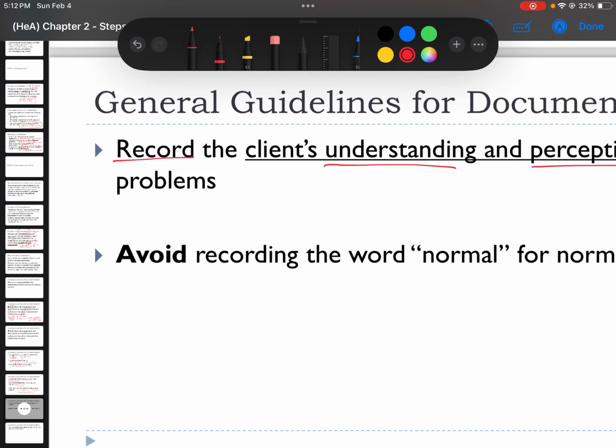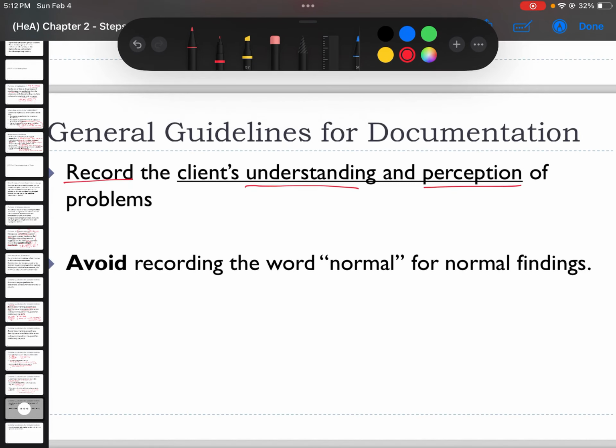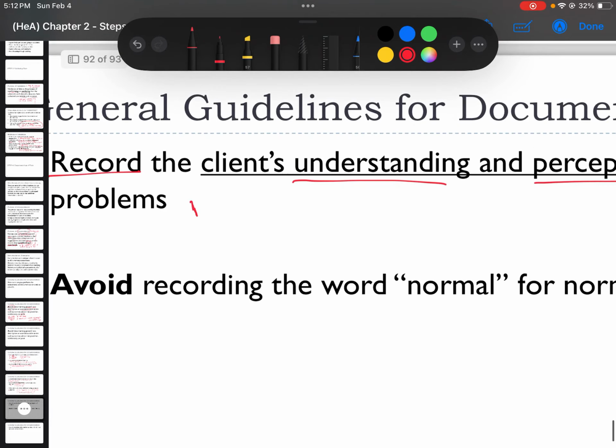Sometimes we forget this because of all our duties, but it is also crucial that we record how they understand or how they perceive their problems. An example of this type of recording is, as I've said, it has to be an objective type of documentation.